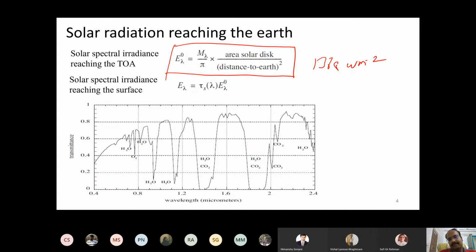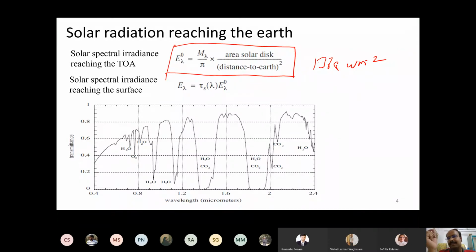But in normal remote sensing cases, we will be doing everything within defined spectral bandwidths, say 0.4 to 0.5, 0.52 to 0.62. So for our purposes, we should consider what is the incoming solar energy within that particular bandwidth.